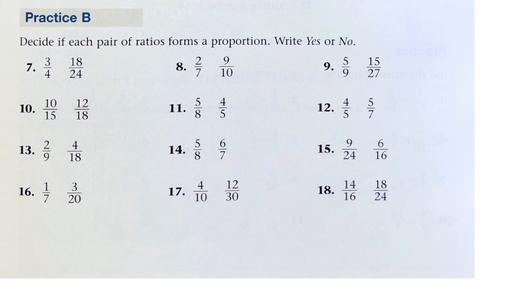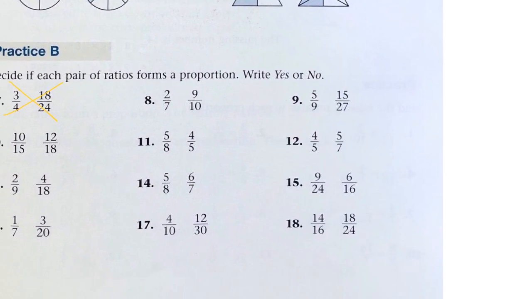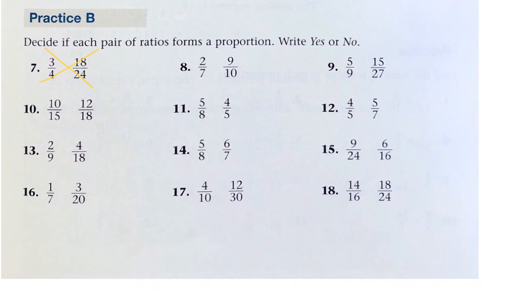So decide if each pair of ratios forms a proportion. Write yes or no. So we can check by doing our cross multiplication. What did we call that? Our cross products, cross multiplication.